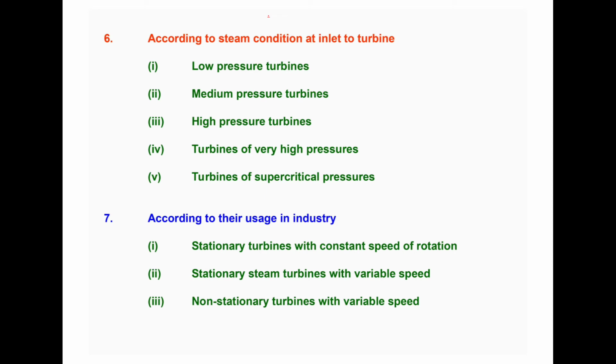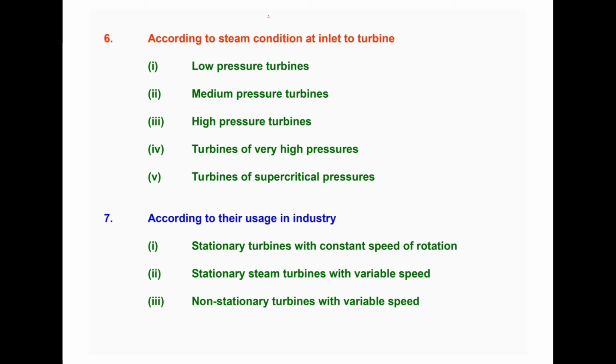And according to steam condition at inlet to the turbine: low pressure turbines, medium pressure turbines, high pressure turbines, turbines of very high pressure, turbines of supercritical pressure, which means the steam pressure will be much higher at supercritical pressure compared with a low pressure turbine.